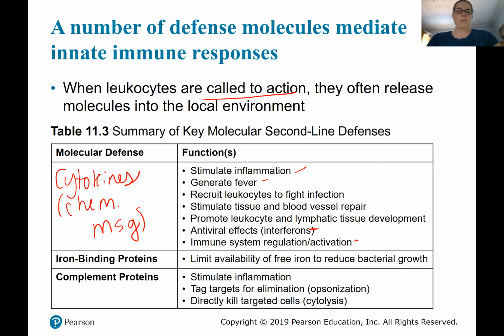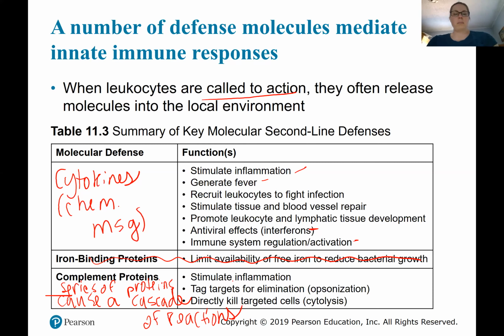There are iron binding proteins that are involved with this chemical action. I'm not going to talk a lot about that. And then there's also complement proteins. And complement proteins are a series of proteins that cause a cascade of reactions.